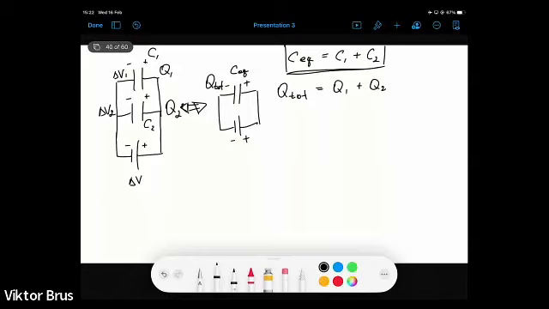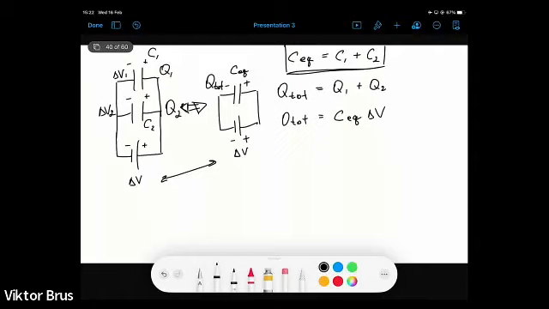So if it accumulates this total charge, then Q total can be represented by C equivalent capacitance times delta V, the potential difference, because here we have the same potential difference. They are the same because we use the same battery.